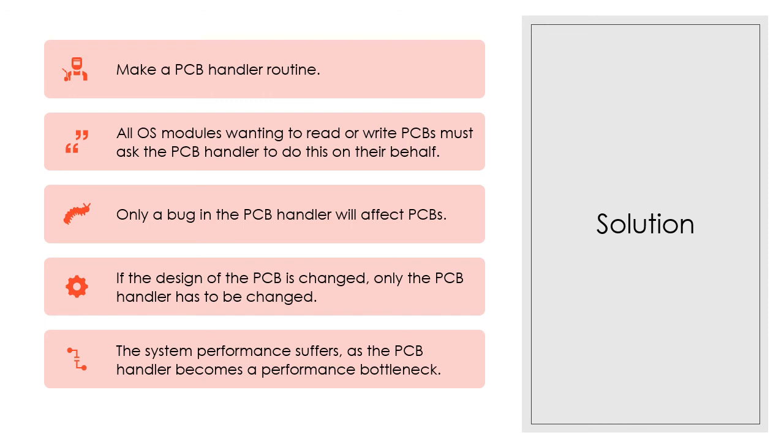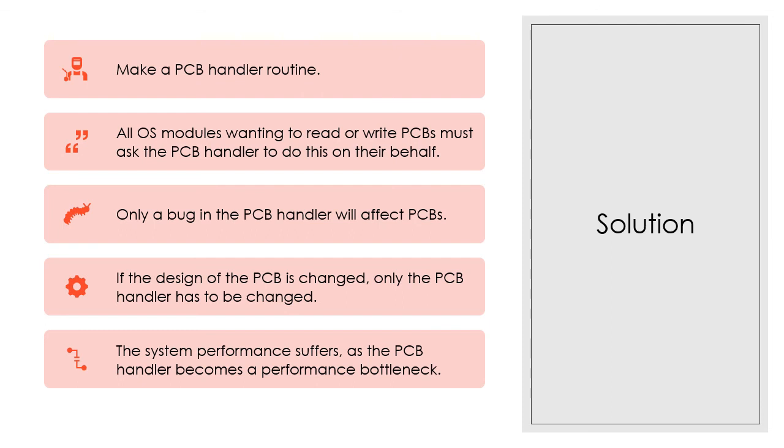So what is the solution to this direct access problem of the PCB? The solution is to make a PCB handler routine. All OS modules wanting to read or write PCBs must ask the PCB handler to do this on their behalf.